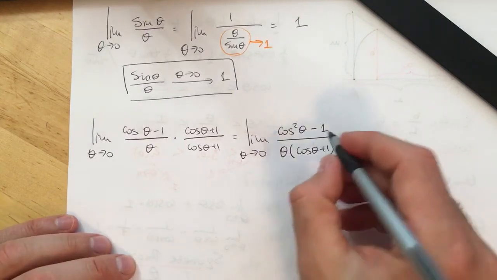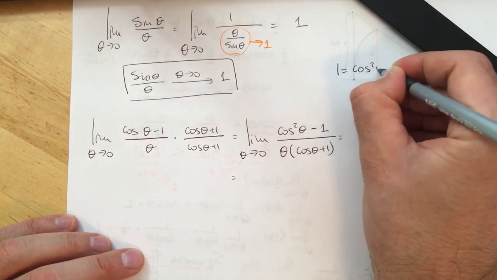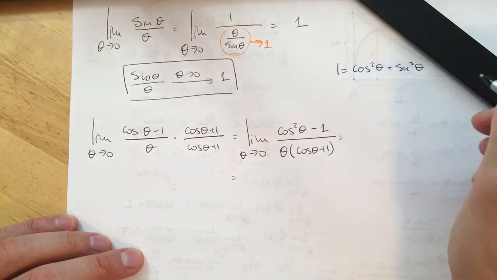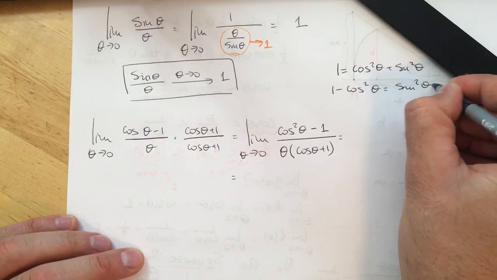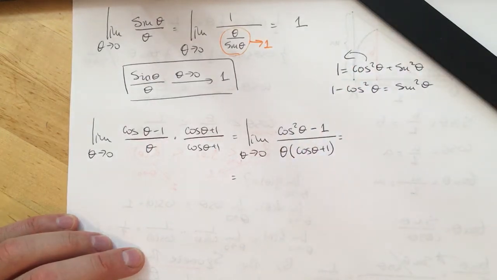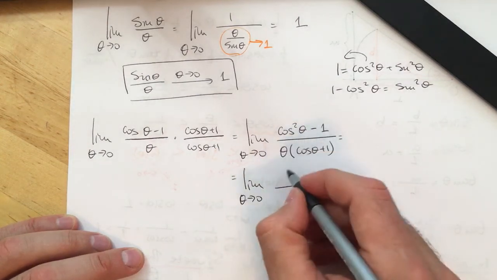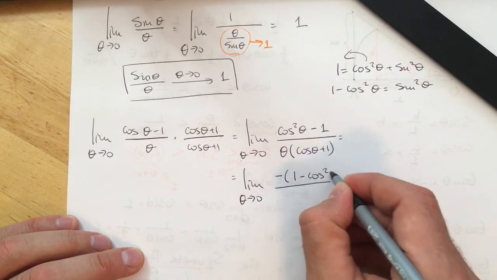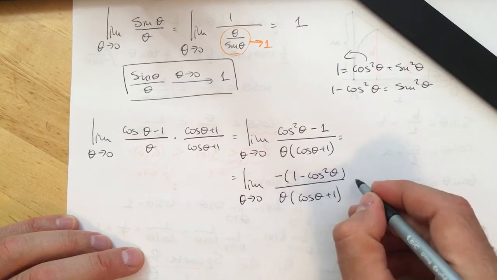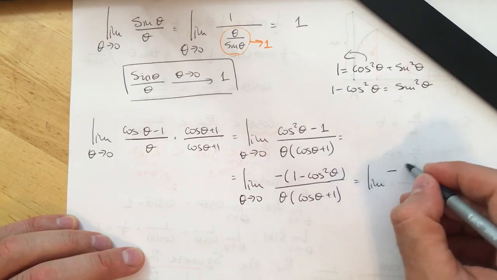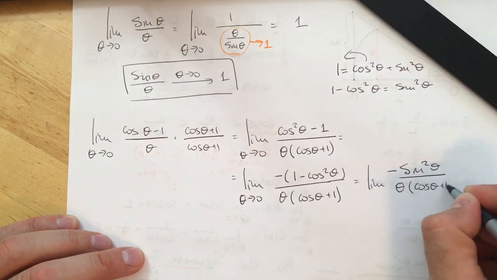Now, the most basic trigonometric identity is that 1 is equal to cosine squared theta plus sine squared theta. And from here, 1 minus cosine squared theta is equal to sine squared theta, if I just bring cosine squared to the other side of the equation. That means you can factor negative 1 here and get 1 minus cosine squared theta over theta times cosine theta plus 1, which gives you the limit of negative sine squared theta over theta times cosine of theta plus 1.